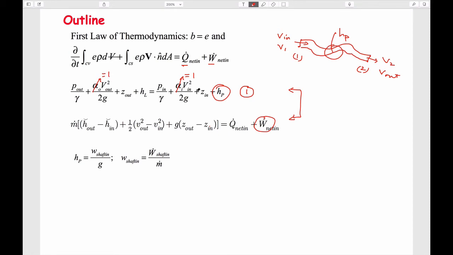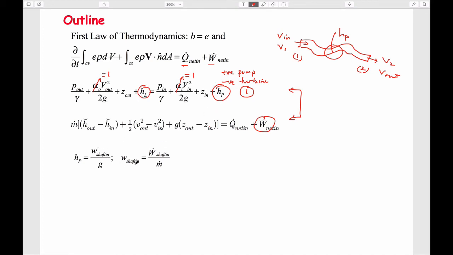Upstream pressure head, upstream elevation head, upstream velocity head, the pump power, which is positive for a pump, negative for a turbine, and head losses, which are always positive.